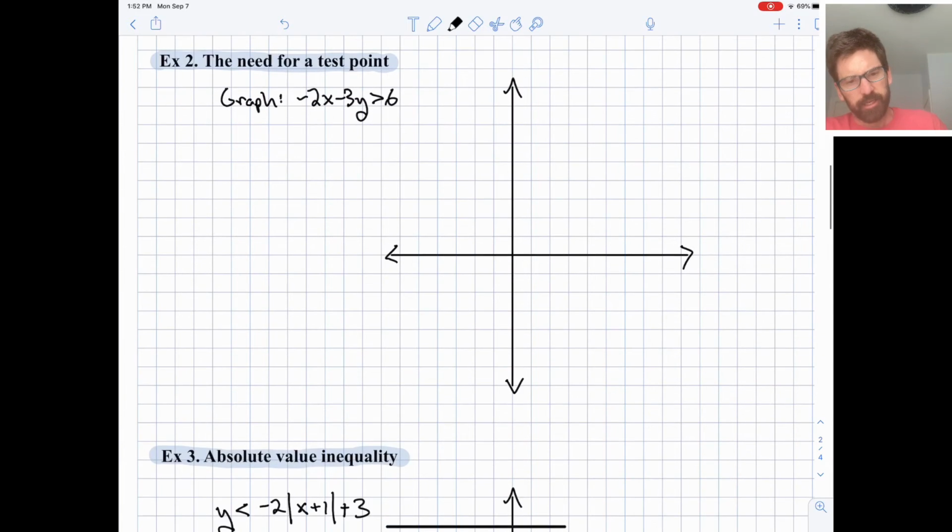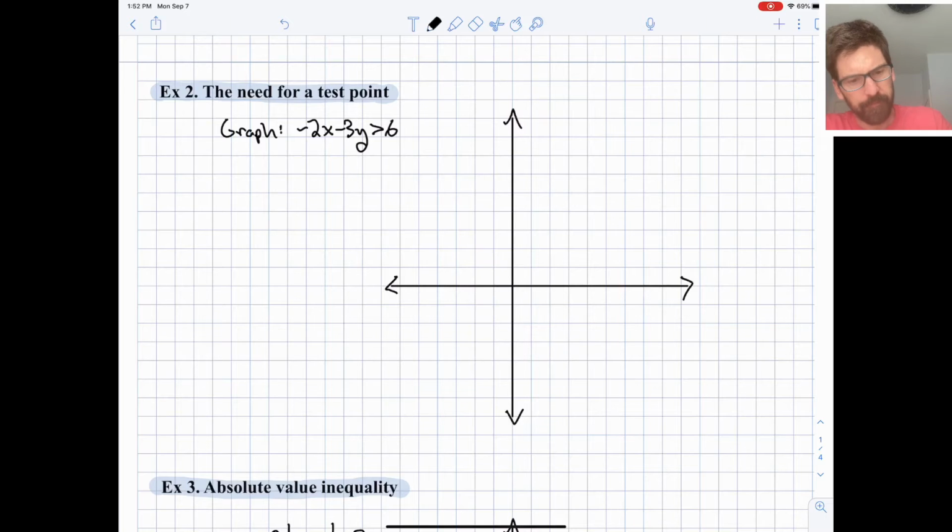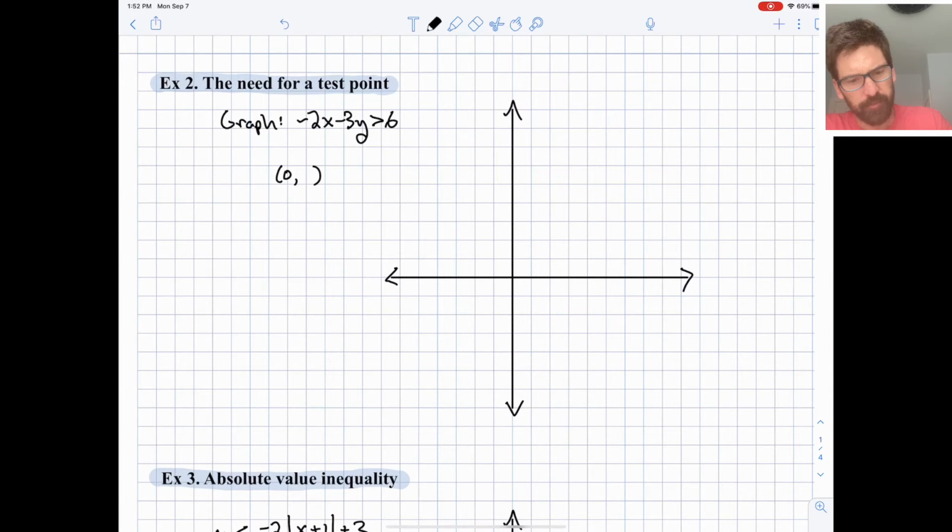And I wanted to give you an example where the test point really matters, and that really happens a lot when we have a lot of negatives and subtractions in here, where it's kind of hard to tell, should we shade above, or should we shade below? So let's do the same thing here. Let's graph using intercept form, 0 comma something, and then something comma 0.